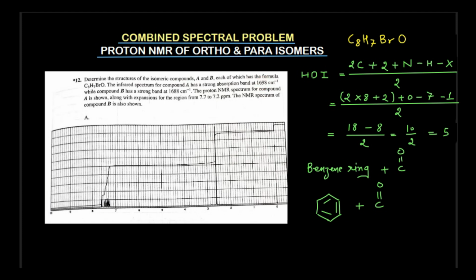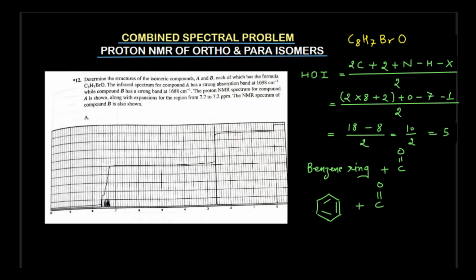So you have this carbonyl group, and bromine is already there. We can quickly discard the possibility of acids, because acids have two oxygens, which are not there in the question. Similarly, you can discard esters and other acid derivatives.